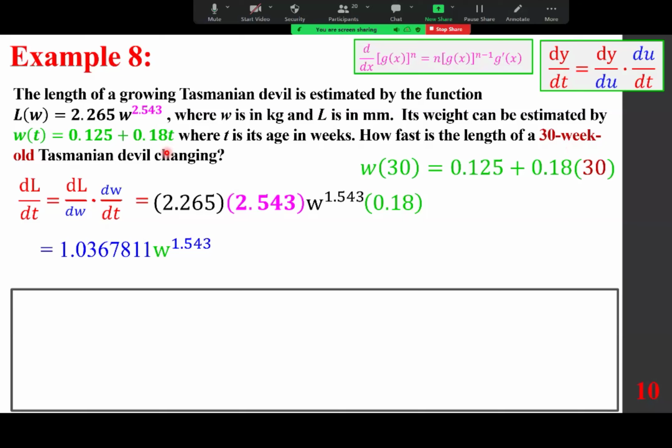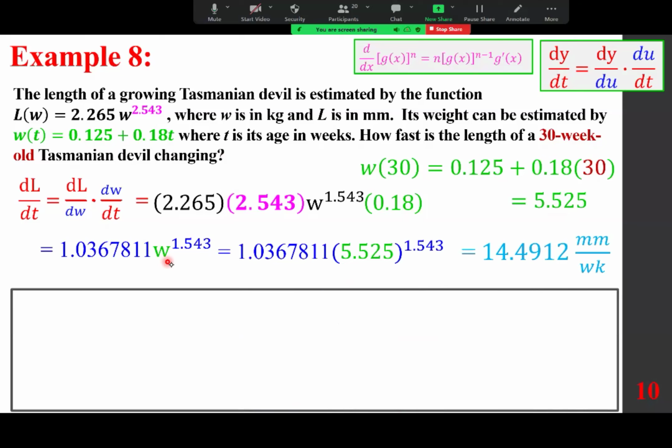That means 0.125 plus 0.18 times 30, and the calculator gives us 5.525. Now you can replace it with that. Put it into a calculator. The answer is 14.4912. The dL/dt, the change in length over the change in time, millimeters per week. So that's why the units are millimeters per week.